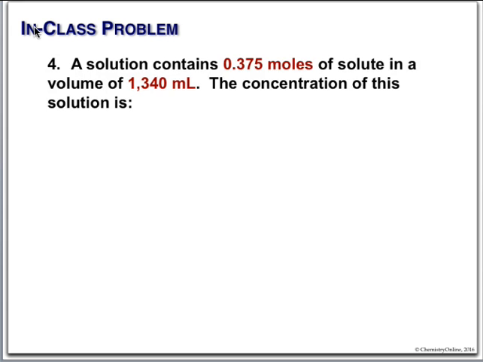Very simple calculation. Here we have 0.375 moles of something, and our total volume is 1340 milliliters. What is this concentration? Well, by concentration, of course, we mean moles per liter. So, all we have to do here is take the number of moles, divide by the number of liters.